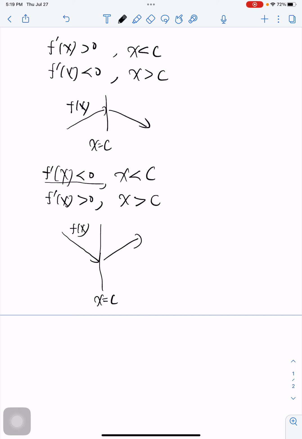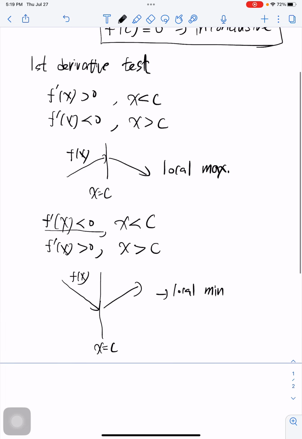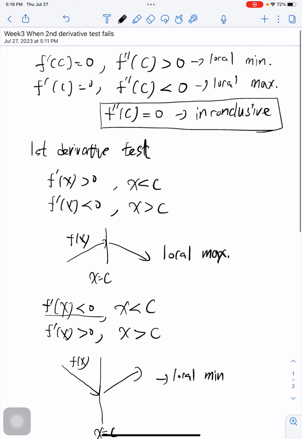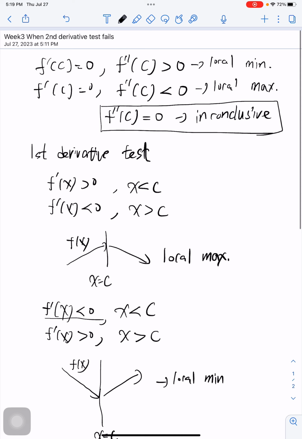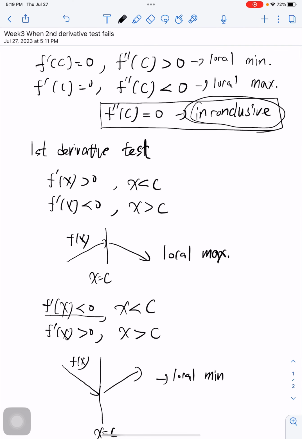So you have a local minimum. And here, for this case, I have a local maximum, okay? So this is how we can apply the first derivative test for inconclusive situations you might reach when applying the second derivative test.